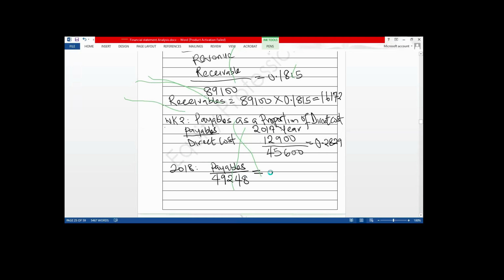This must give us a ratio of 0.2829. You can now derive payables for 2018. Payables for 2018 is equal to 49,248 multiplied by 0.2829. What do we have, please? 13,932.